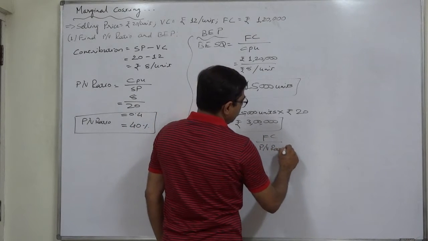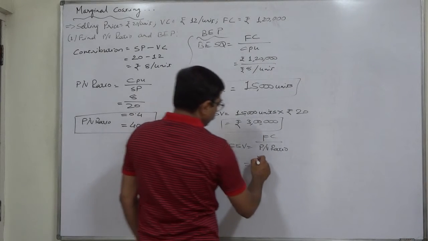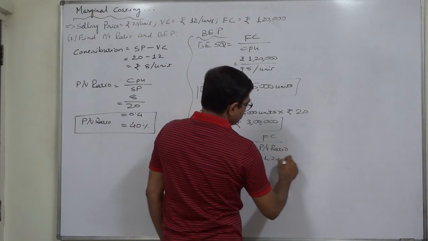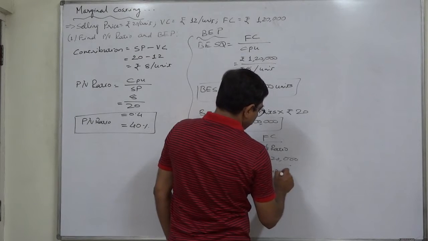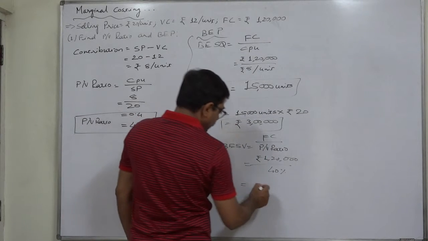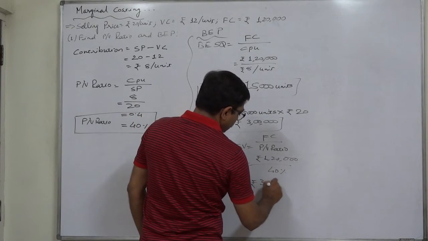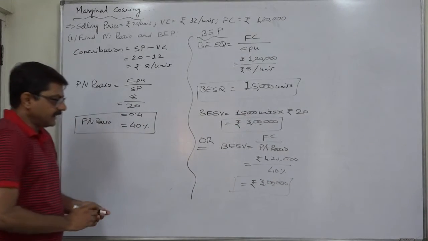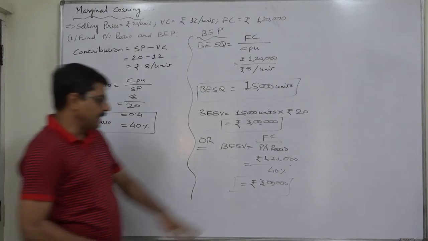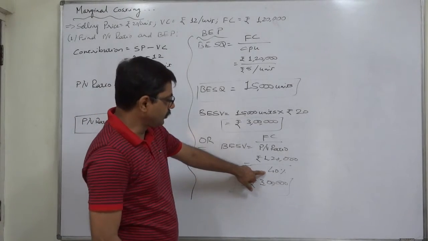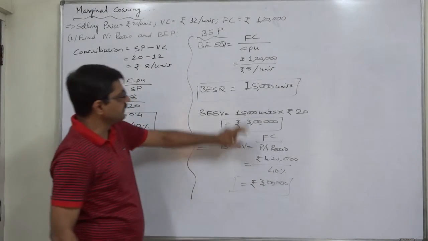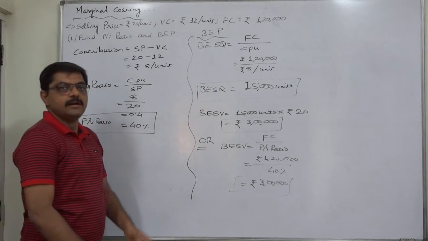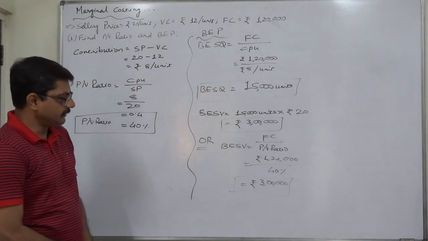That also gives the same break-even sales value, rupees 1,20,000 divided by 40%. So 1,20,000 is 40% of rupees 3 lakh. So we can say that whenever the sales are rupees 3 lakh, its 40% will be contribution 1,20,000, exactly equivalent to fixed cost. Now we have recovered the fixed cost fully.